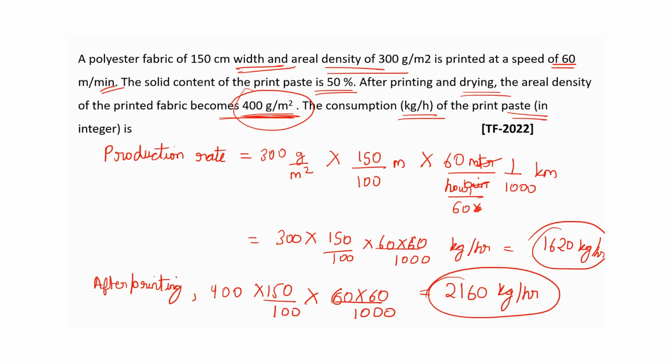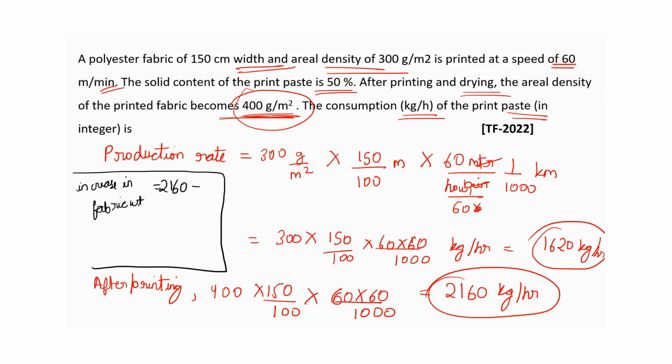So how much the fabric weight is increased? Increase in fabric weight will come out to be 2160 minus 1620, which is 540 kg per hour.